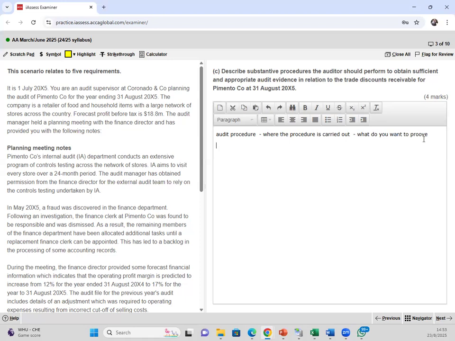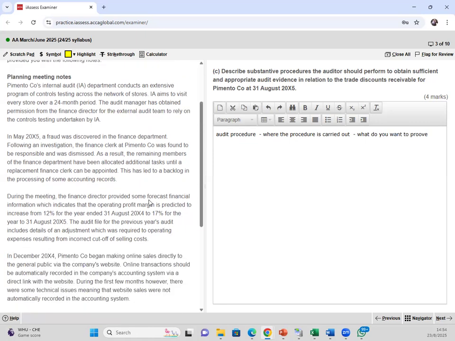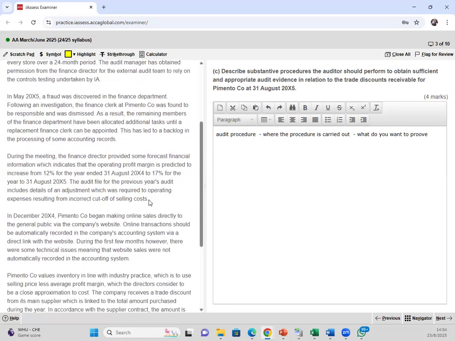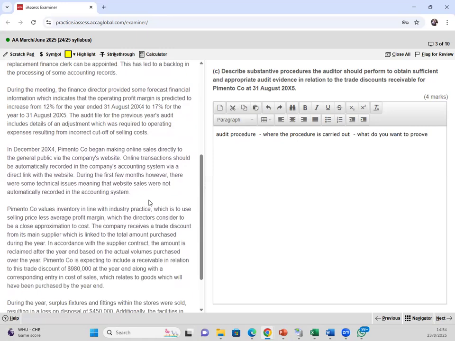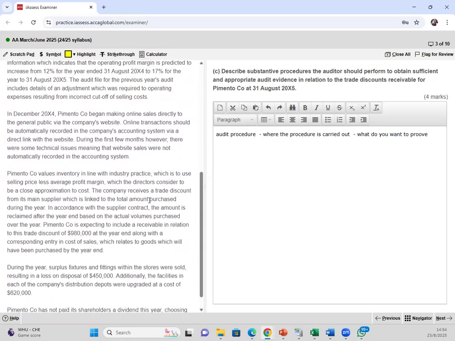So if we want to verify the described substantive procedure the auditor should perform to obtain sufficient and appropriate evidence in relation to the trade discount receipt, let's go and read if we have anywhere where there's the discount receipt. Just help me check.